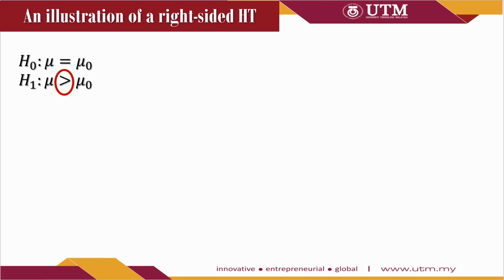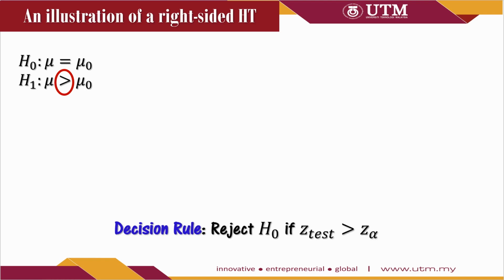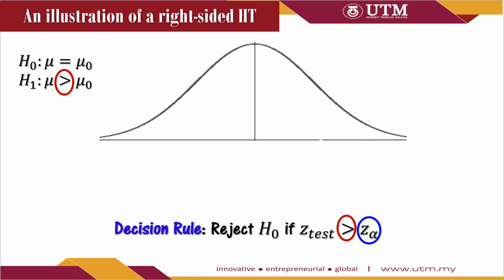Therefore, a possible decision rule or rejection criterion in this example is then reject H0 if Z test is greater than Z alpha on the right. You can see alpha on the right of the curve shown by the shaded regions.